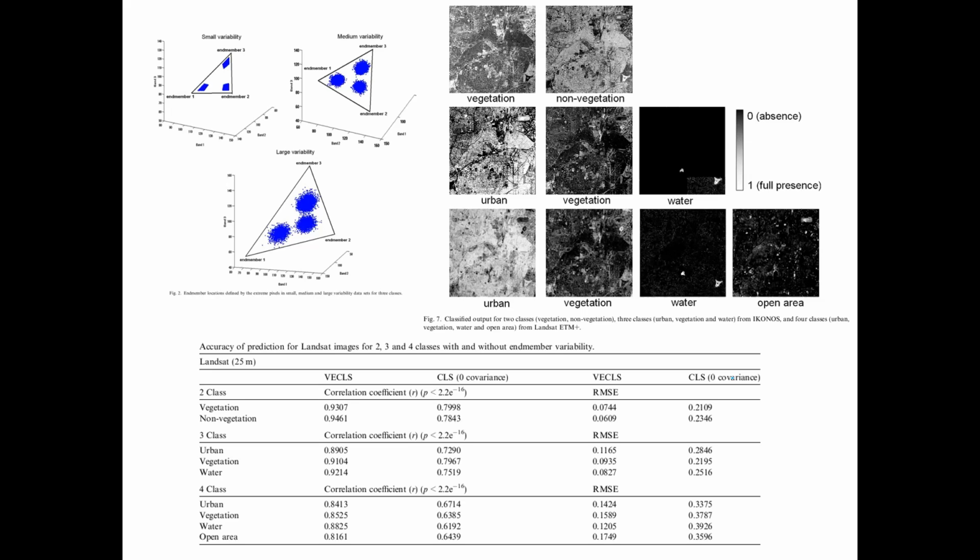For example, even within vegetation, we have numerous species of plants that can be broadly classified as vegetation. So can we think of accommodating the variation within the green plants? Those variations can be small, medium, or large. How well can we separate them?